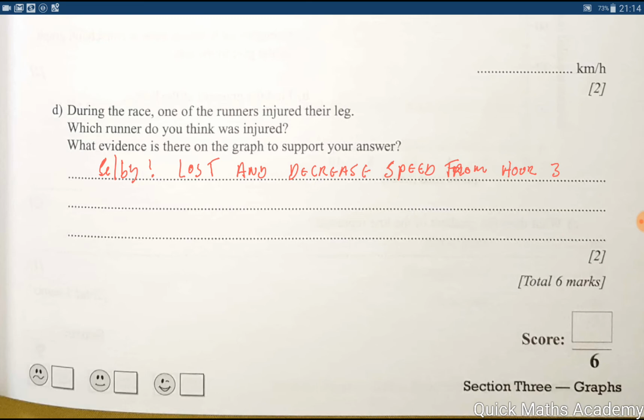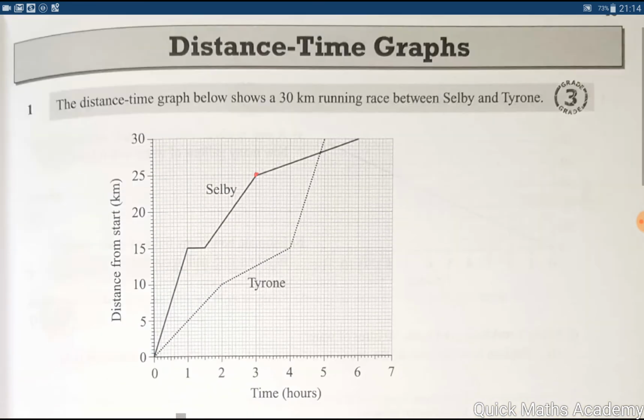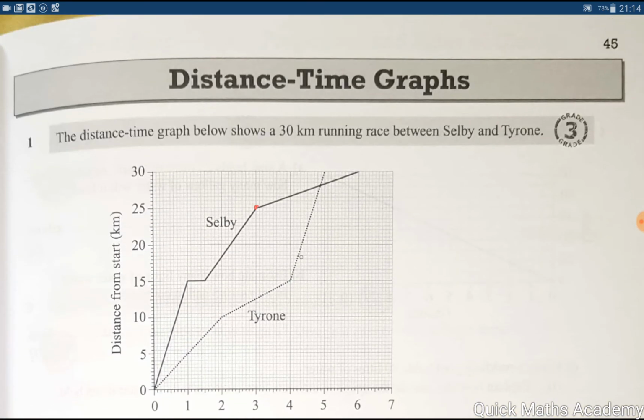On the other hand, Tyrone increased his speed from hour number 4, so clearly Tyrone was not the injured one.